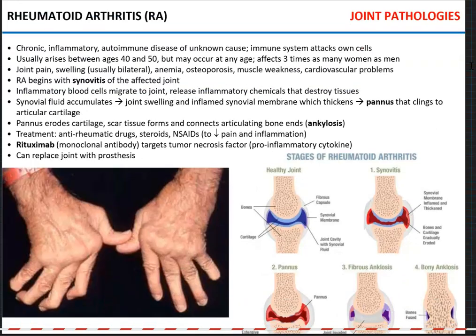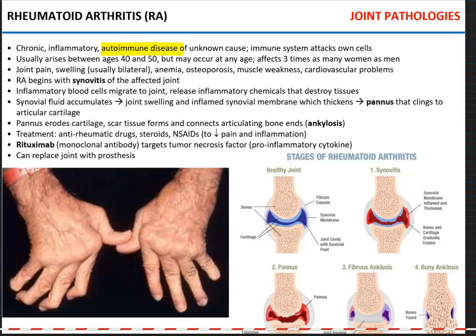Now, rheumatoid arthritis. That's different. That's the autoimmune disease. By the way, the Nobel Prize in Physiology and Medicine given this year went to people who studied immune mechanisms responsible, among other things, for autoimmune diseases, like T regulatory cells.